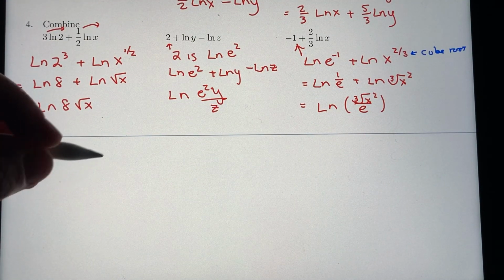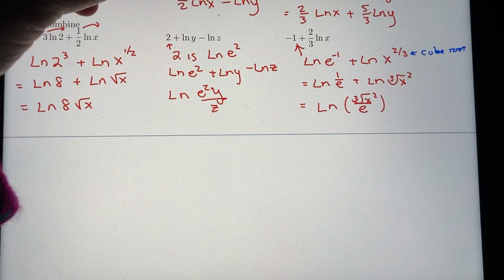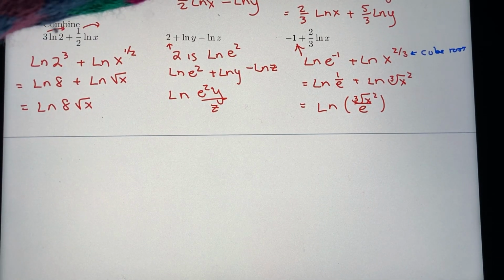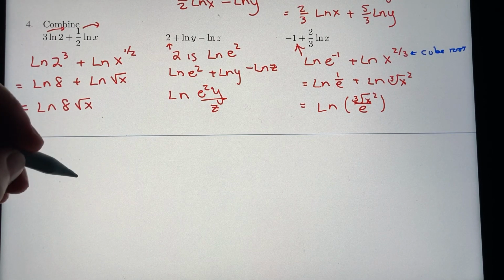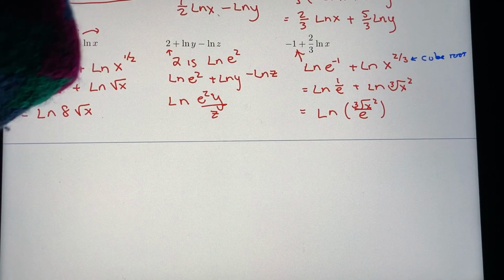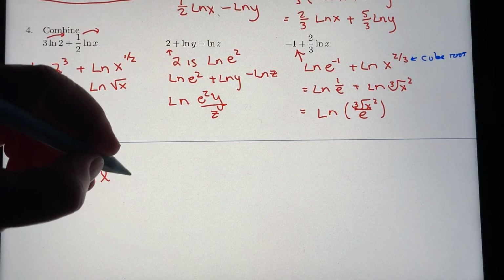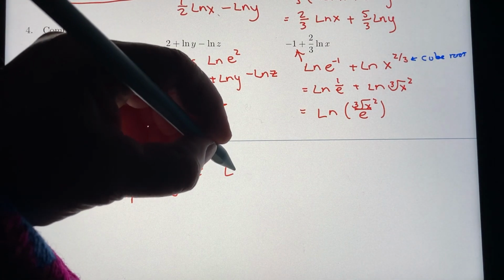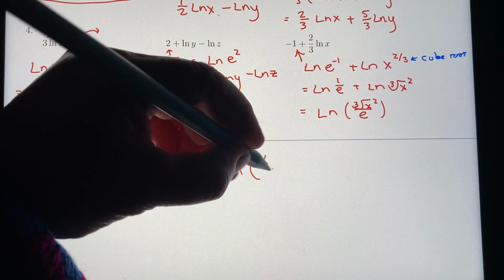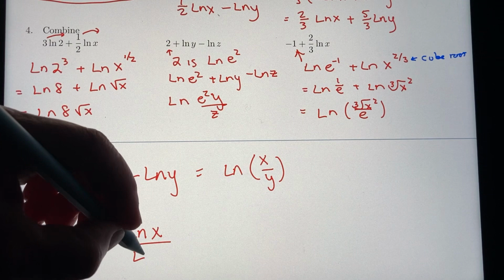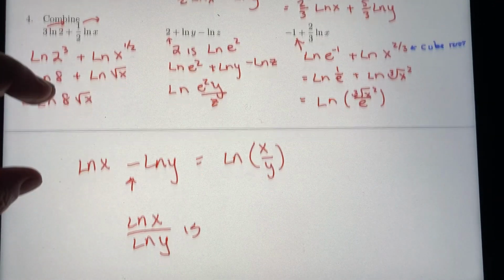Just one fair word of warning. If you have ln x minus ln y, subtraction outside is division inside a single logarithm. ln of x over ln y is different.